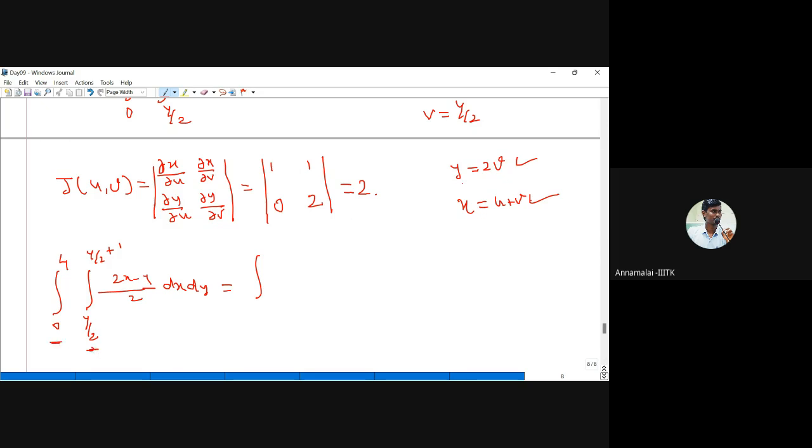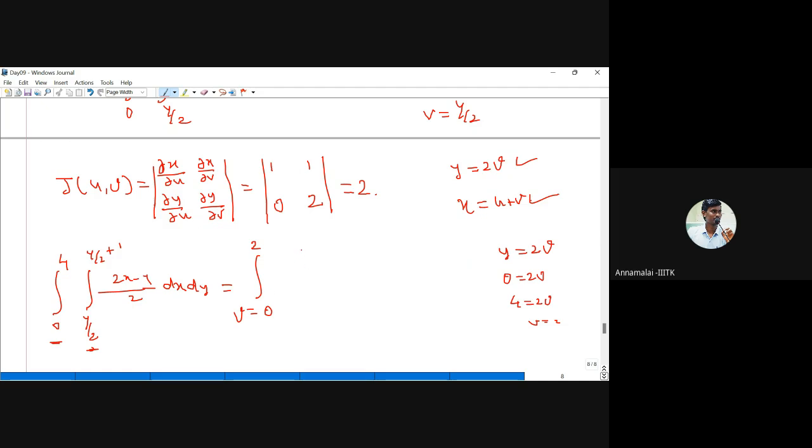So what is the range for v now? Since y equal to 2 times v, if we substitute y equal to 0, v is 0, so it starts from 0. The maximum value of y is 4, so substituting y equal to 4, v equals 2. Therefore v varies from 0 to 2.